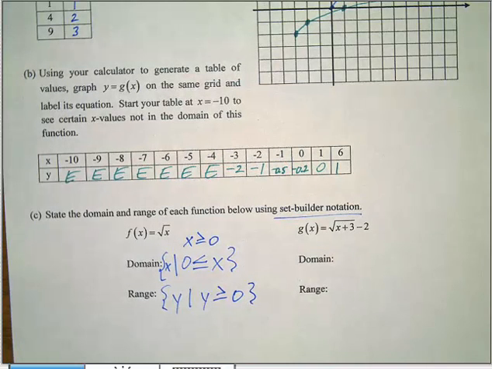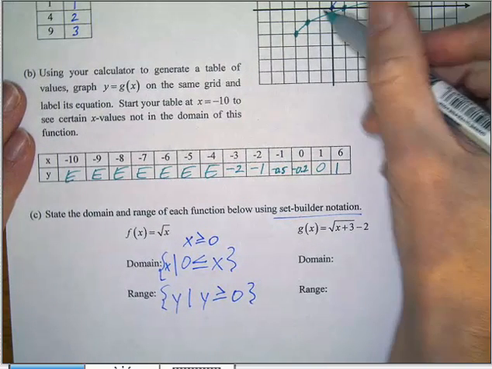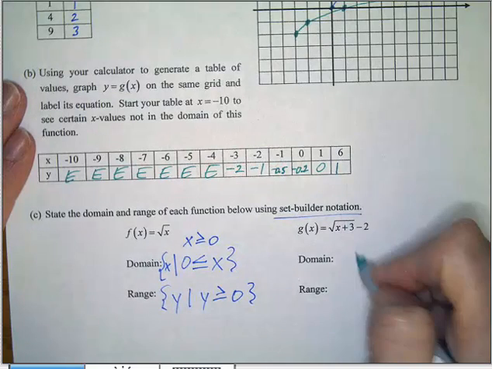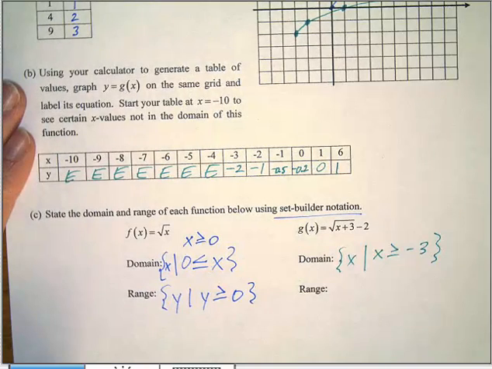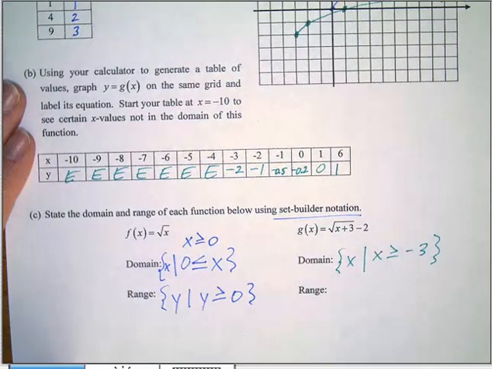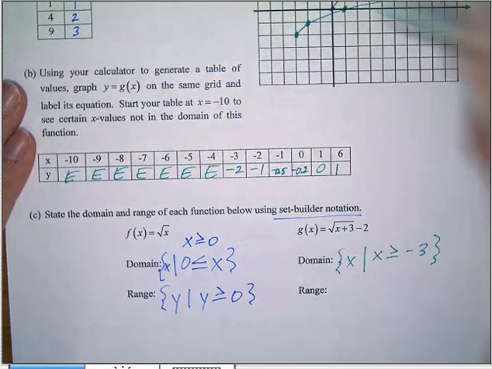So now, how does translating it, moving it left 3 and down 2, impact the domain and the range? Well, the domain left and right, now we start at -3, so x such that x is greater than or equal to -3, and our range, the bottom of it is now at -2.